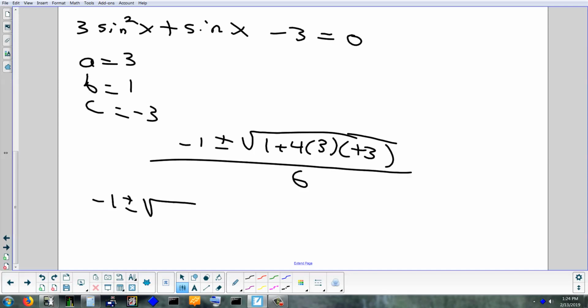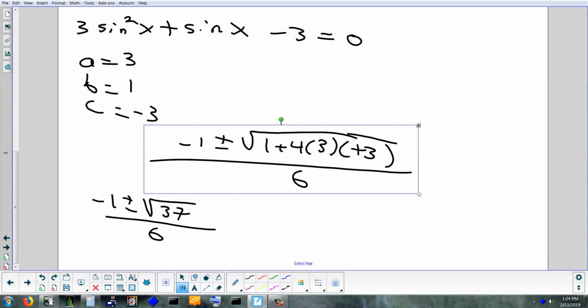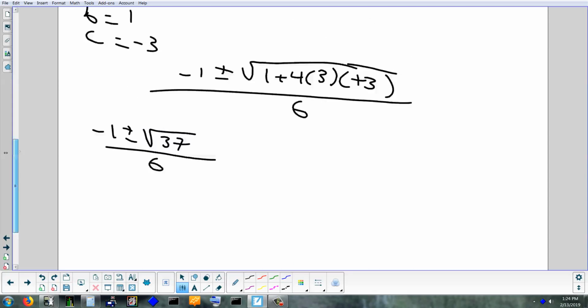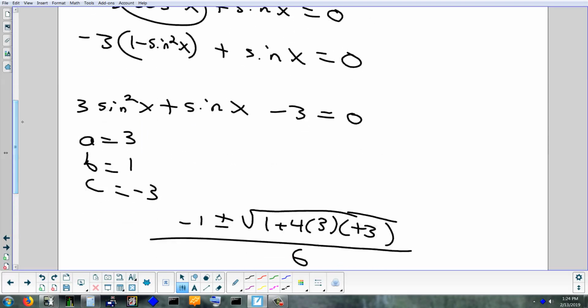So it's the square root of, what's 4 times 3 times 3? 36 plus 1 more is 37 over 6. Now, if this was a regular problem, 3x squared plus x minus 3, it'd be done. Okay, there's one extra thing we have to do with that. If this was the problem, and you just did all the arithmetic we did, what would you have just solved for?